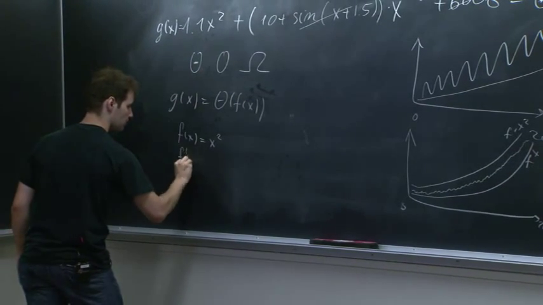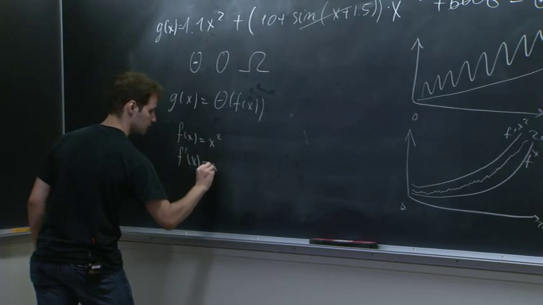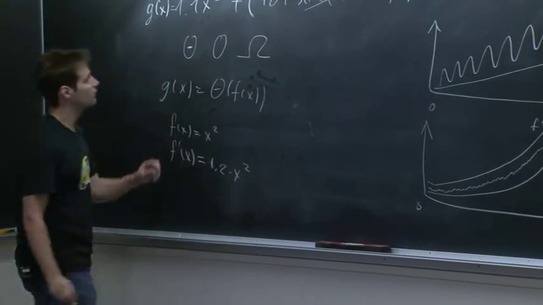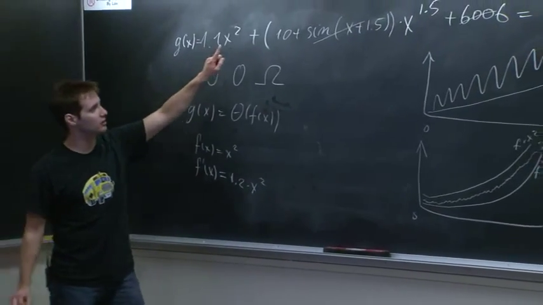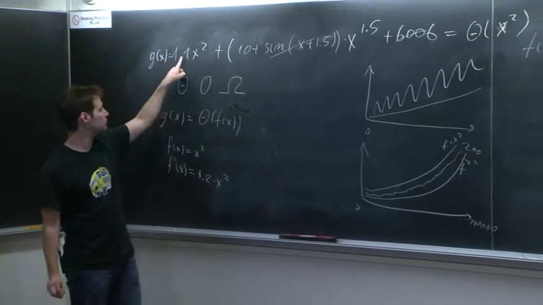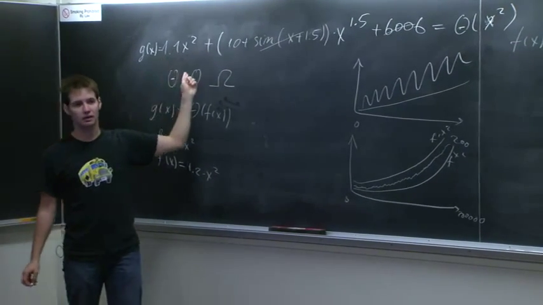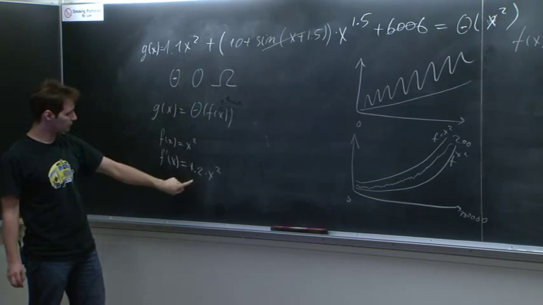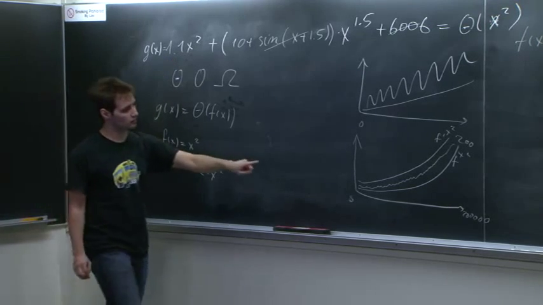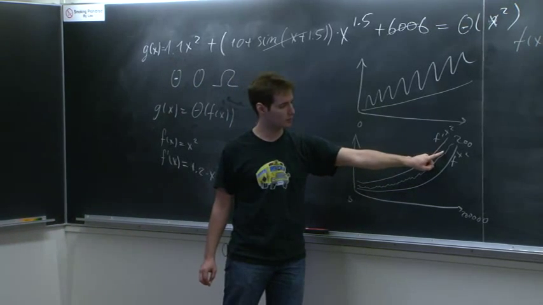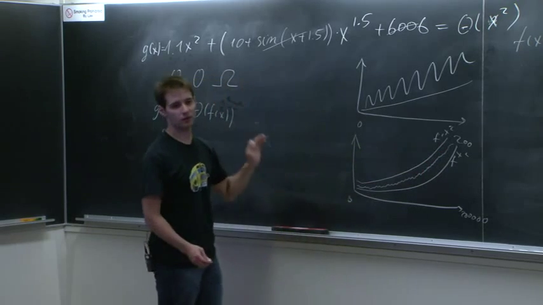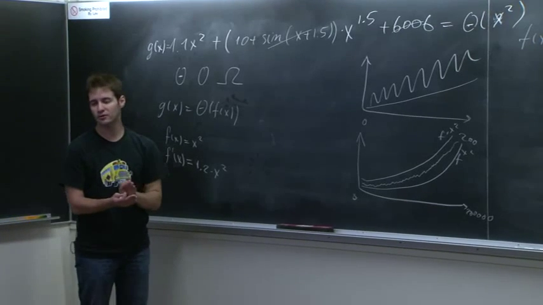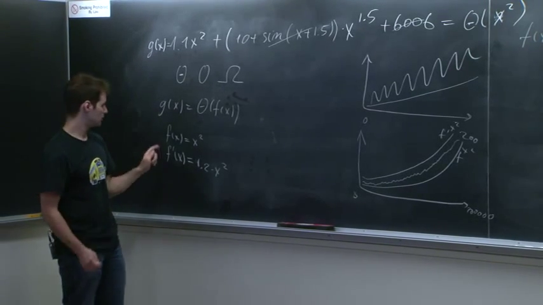And f prime of x might be 1.2 times x squared. And because I have a 1.1 here, and I know that these get smaller and smaller in relation to this as the inputs to the function get bigger, I know that this is going to be the dominating factor. And because this is bigger than this, this function is going to eventually be larger than this function. So I have a bound from above, and I have a bound from below. And the bounds look almost the same. They're only different by a constant factor. This is theta.